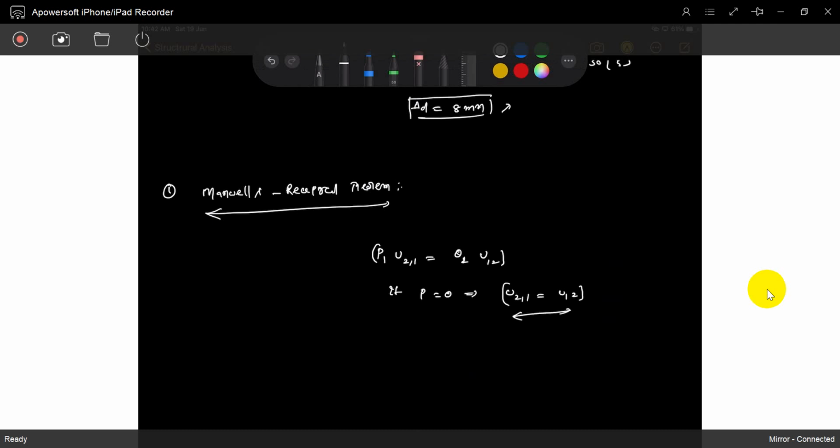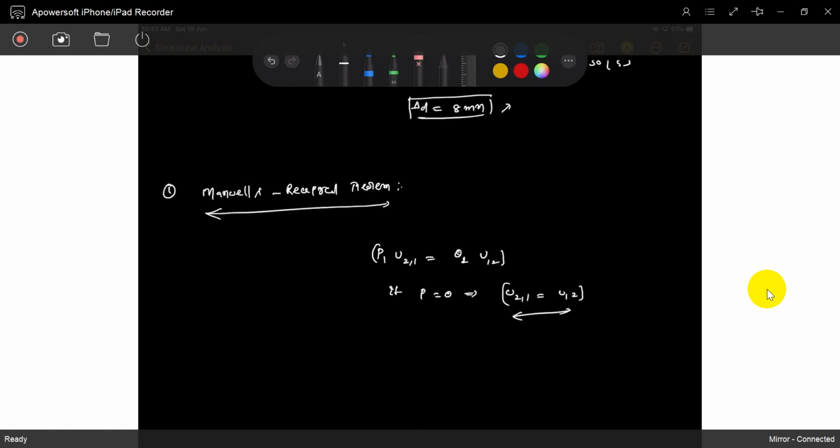The displacement in the second direction by the application of the first force is equal to the displacement in the first direction by the application of the second force. But those two forces are equal.